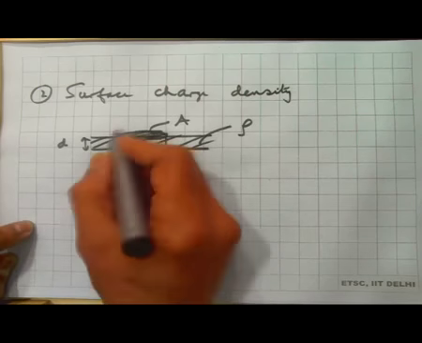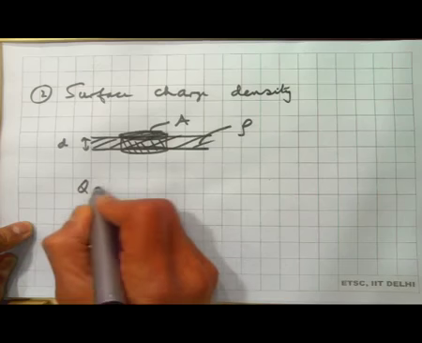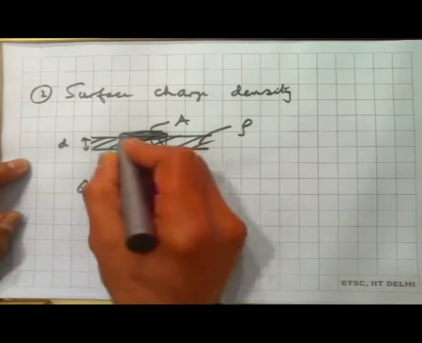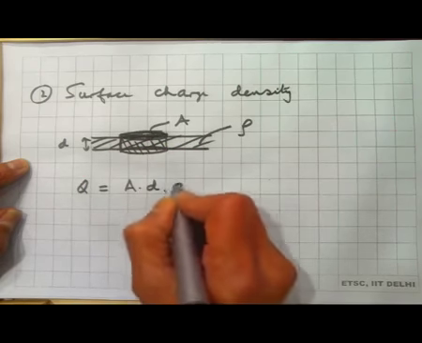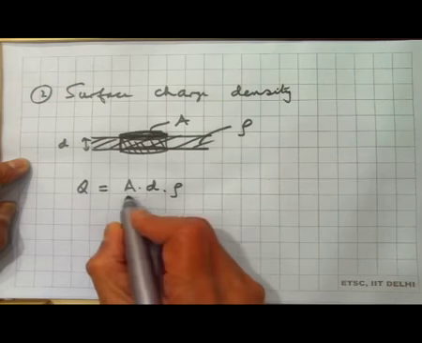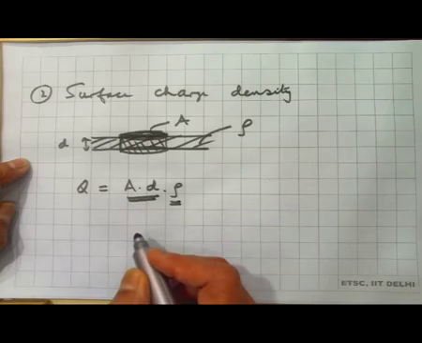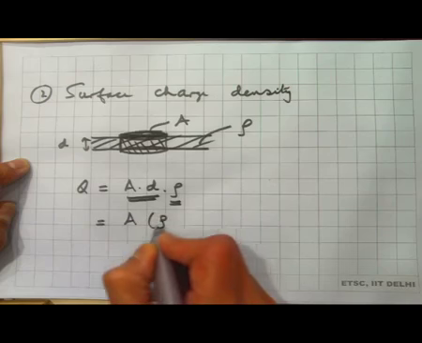So, the charge contained in this volume which I have drawn here is equal to the volume of this material, which is the surface area multiplied by the thickness, into rho. This is the volume of the material and this is the volume charge density. So, that is the charge contained. Now, I write this like this, A times rho into d.